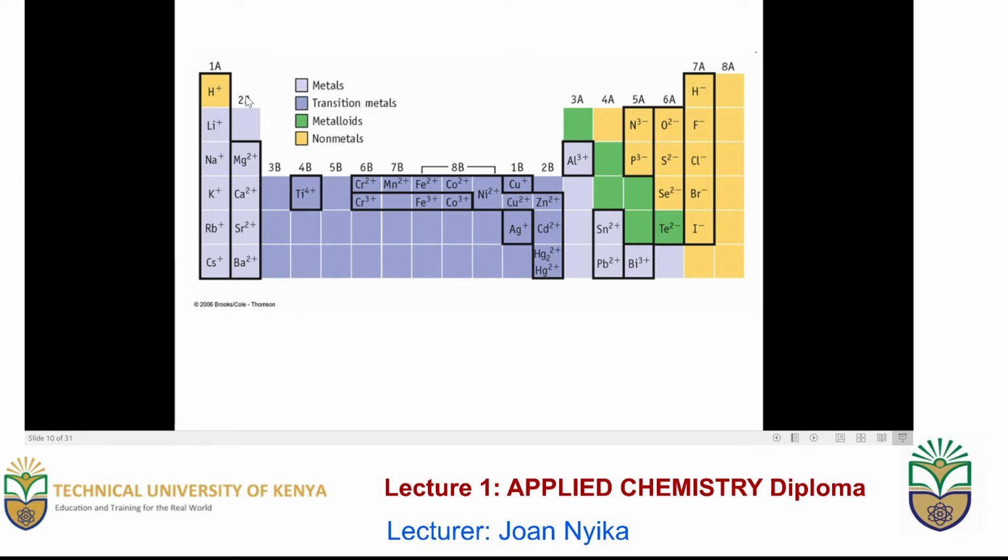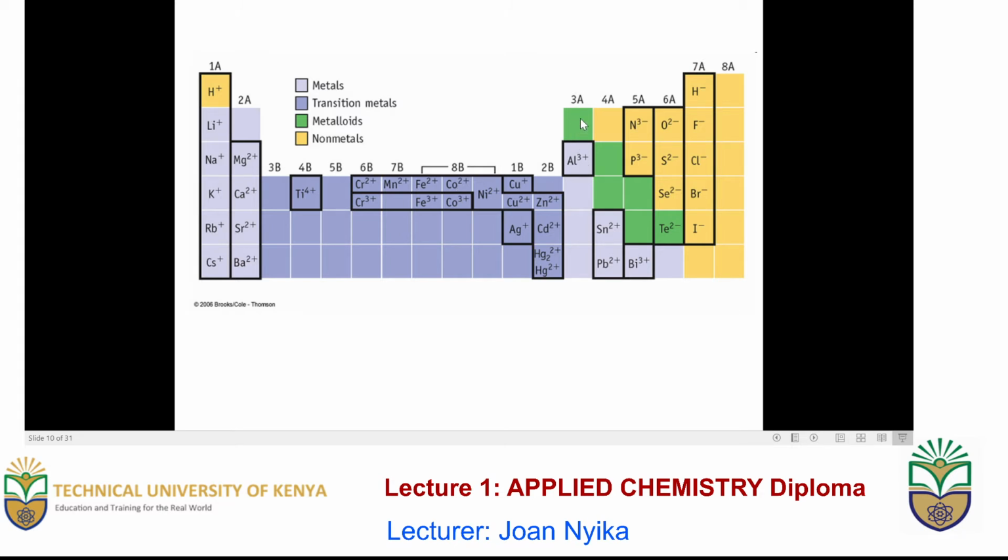On the other hand, group 2 elements have the capacity to lose 2 electrons to a nonmetal, that is, to transfer 2 electrons. Hence, they have a positive charge of 2. When you look at the transition metals, most of them have the ability to lose 2 electrons, meaning that their outermost shell has 2 electrons.